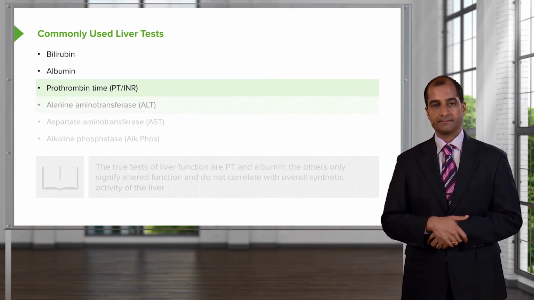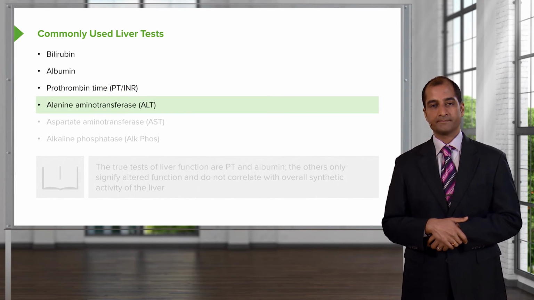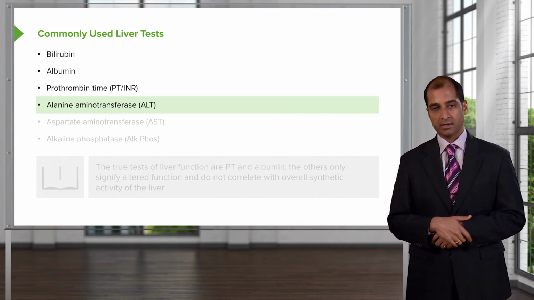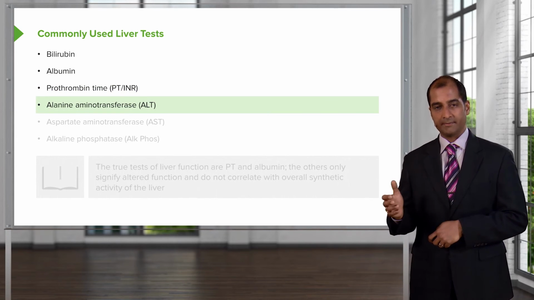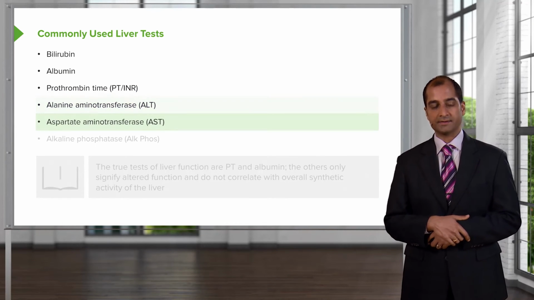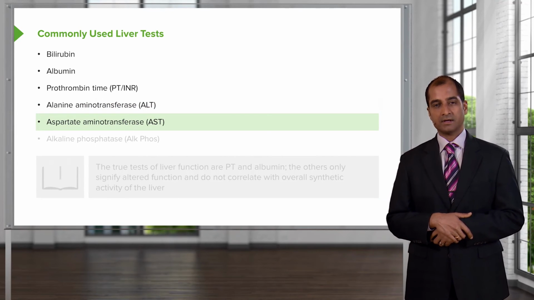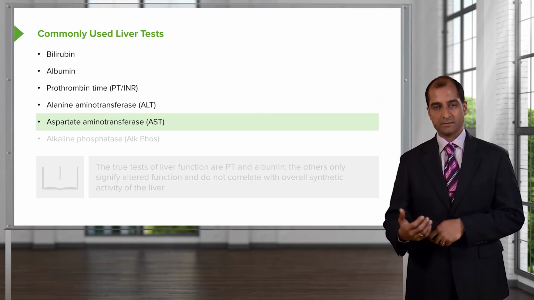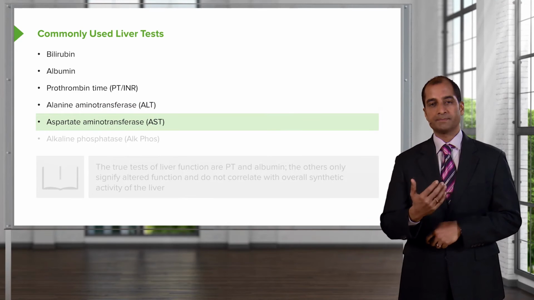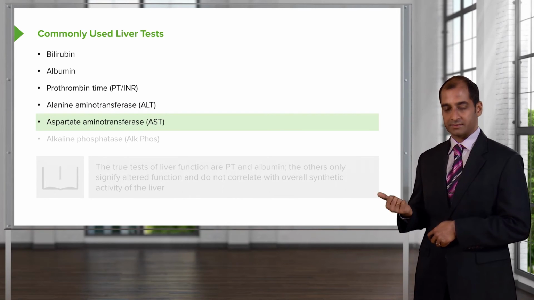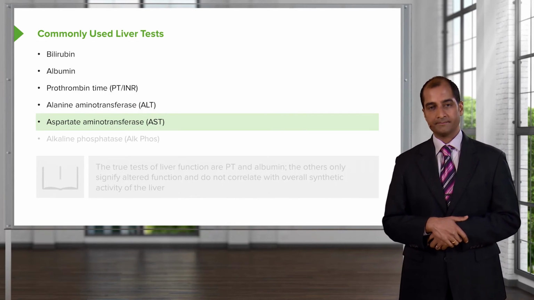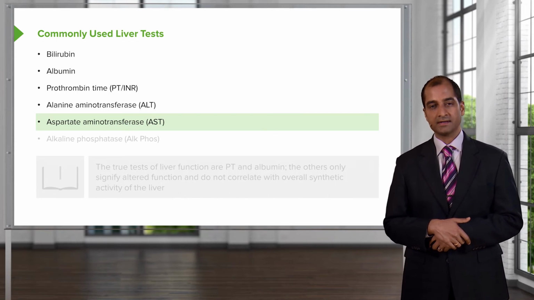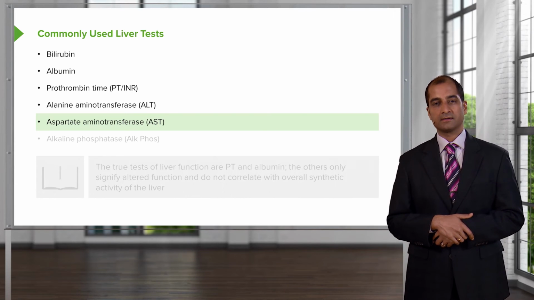Increases. You have ALT. This is your alanine aminotransferase. So you have the two transaminases, ALT and AST. And the ratio here do become very important. Since our topic in this section is going to move into viral hepatitis, would you please be able to tell me which one of these transaminases would be elevated more so? Would it be ALT or AST in viral hepatitis?